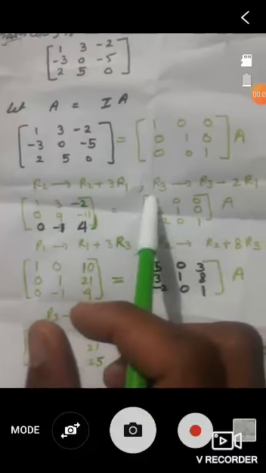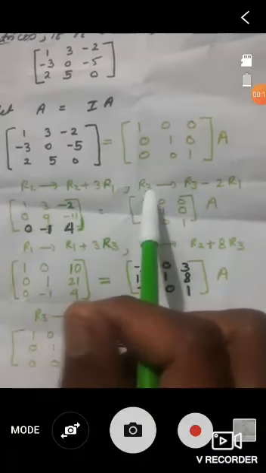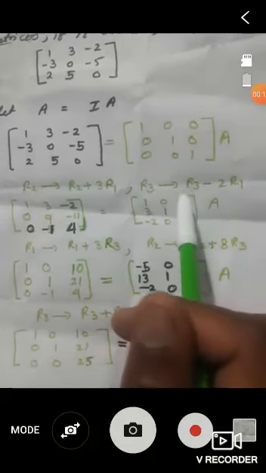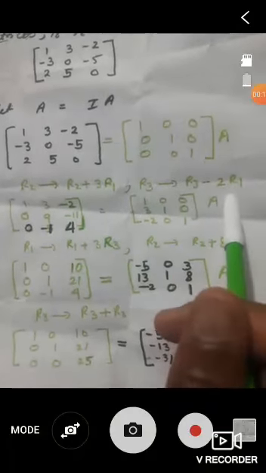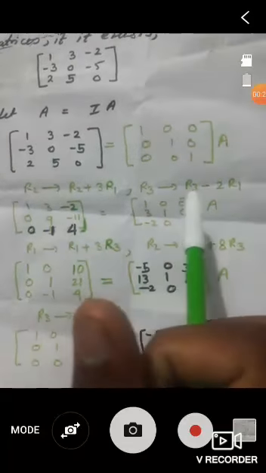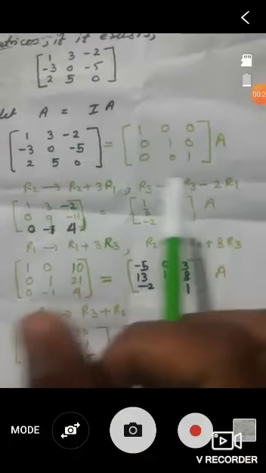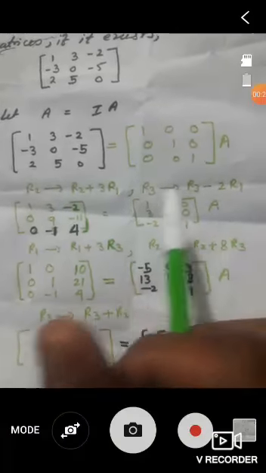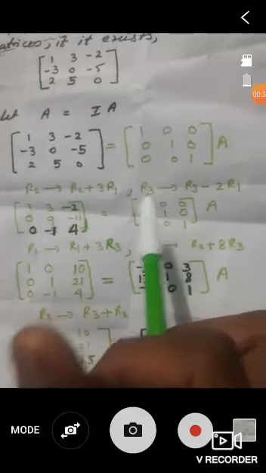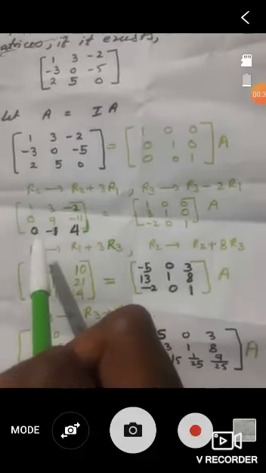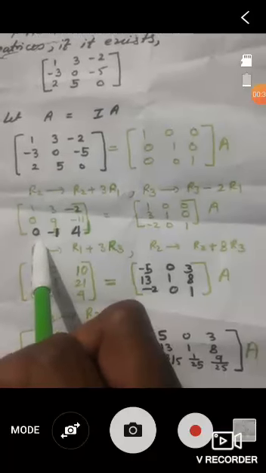Concurrently I am applying the second operation, R3 changes to R3 minus 2R1. Dear student, you must understand that we can apply more than one operation concurrently on different rows or columns. After applying this, we have changed the third row first column into 0.